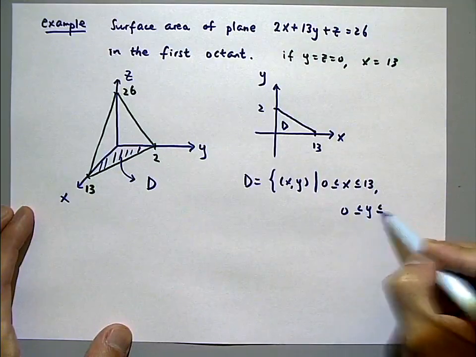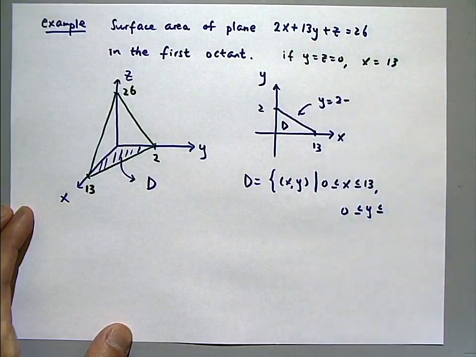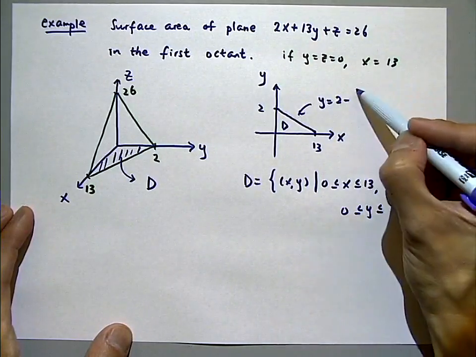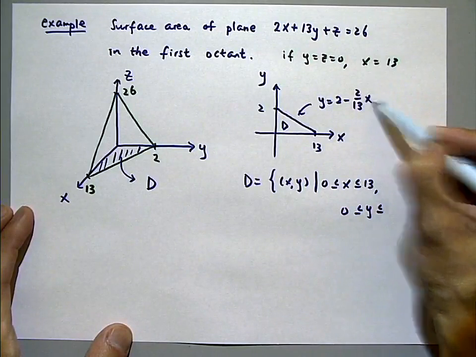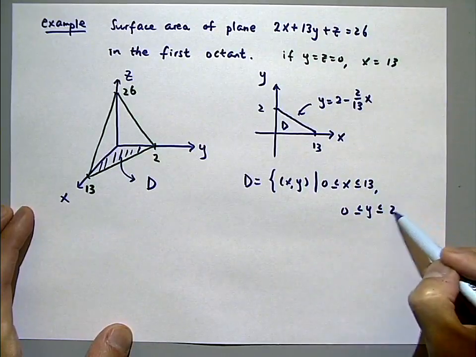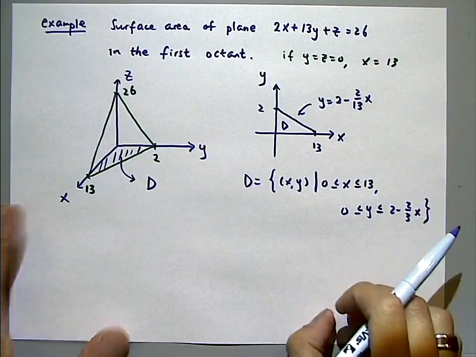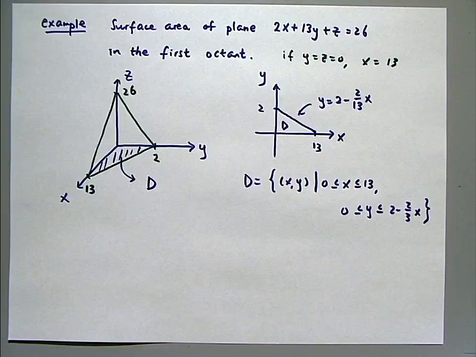And y is going to go from 0 to, what's this thing? y is 2 minus 2 over 13 x. Is that right? All right, so that's our D. You have to get D right because D is what you're integrating over.